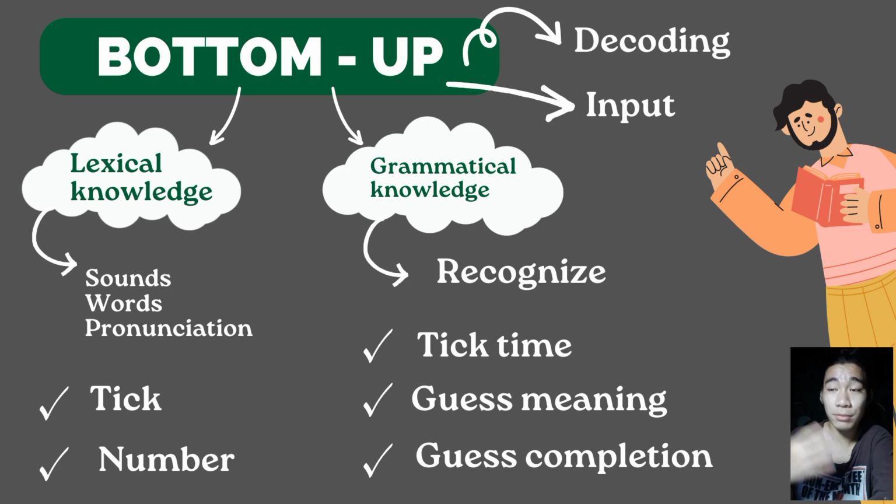Now, let's move on to number two, which is the grammatical knowledge. When we say grammatical knowledge, it involves the syntax, the word order, the parts of speech, sentences, and so on. In grammatical knowledge, students have to recognize different things: persons and kinds of questions, whether the speech is direct or indirect, passive or active, and so on.